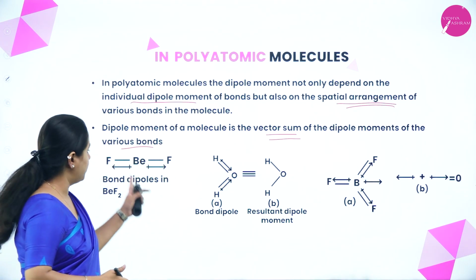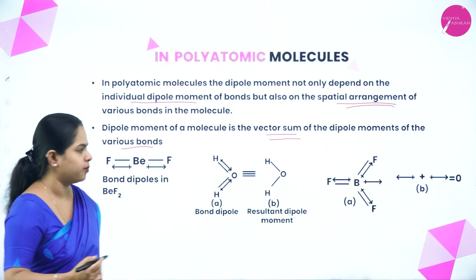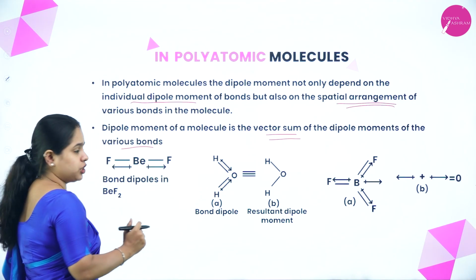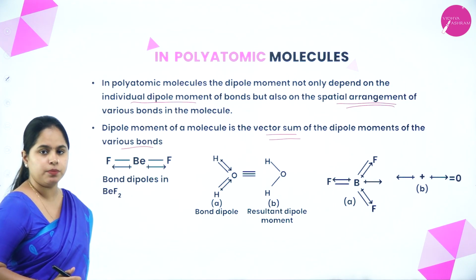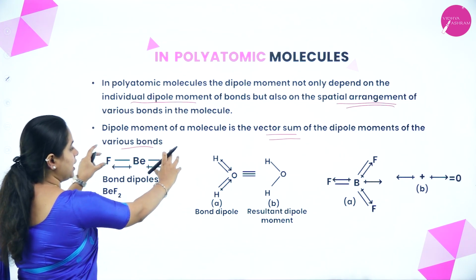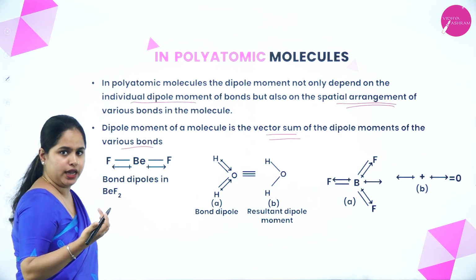Yes, so among beryllium and fluorine, which is more electronegative? Fluorine, right? So the dipole moment of this bond will be towards that direction and the dipole moment of the other bond will be towards this direction, right? I hope it is clear. The fluorine atoms are on either side. Yes, we know how to represent the dipole moment as well, right?